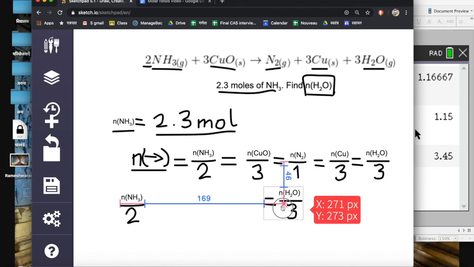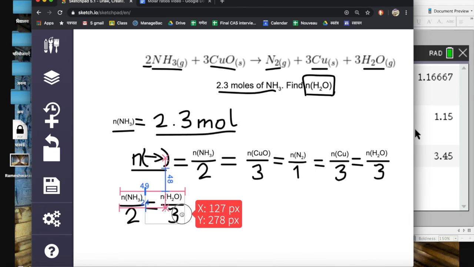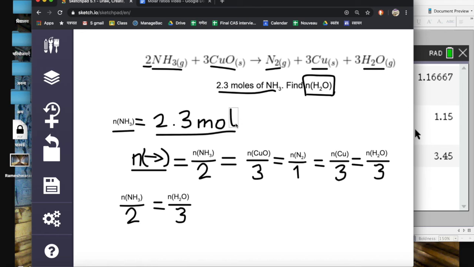And then you take the part for the moles you want to find, H2O, and you divide it again by the stoichiometric coefficient. All we've done is taken this equation and selected two parts from it that we want. One of them is what we already know, the moles of NH3, which is 2.3 moles, and the other is the one we want to know, the moles of H2O, again divided by the stoichiometric coefficient.